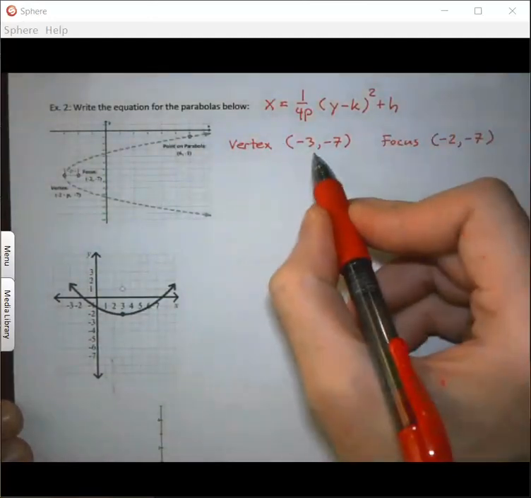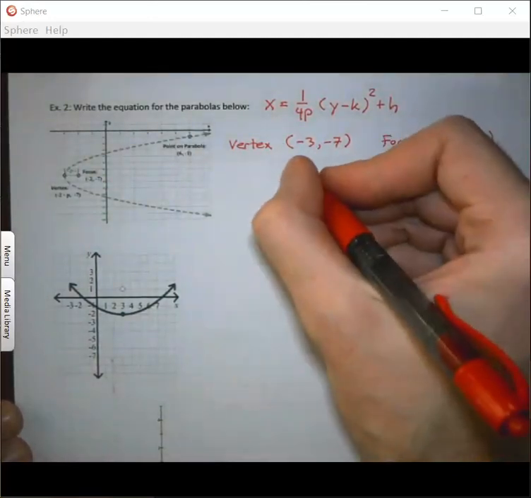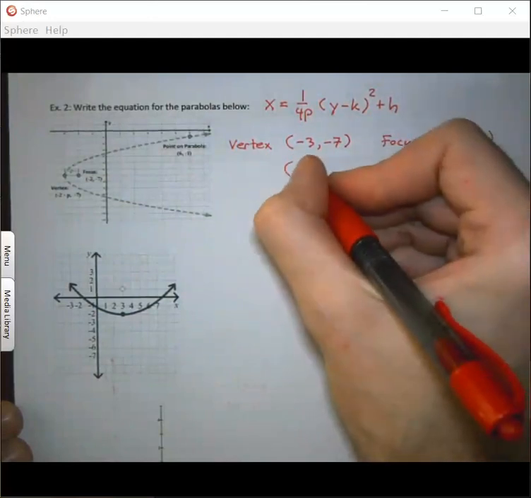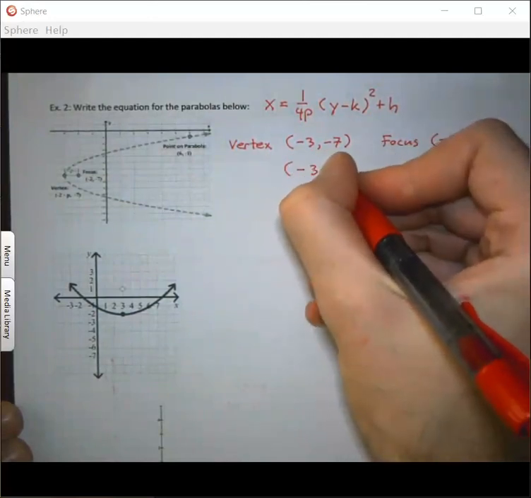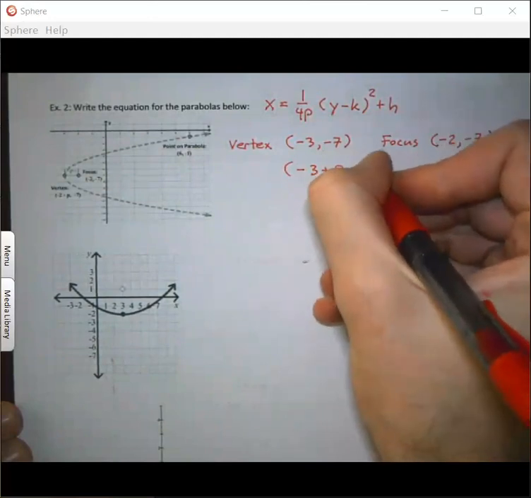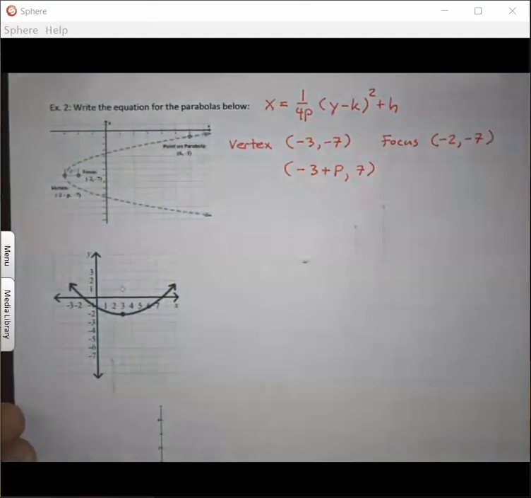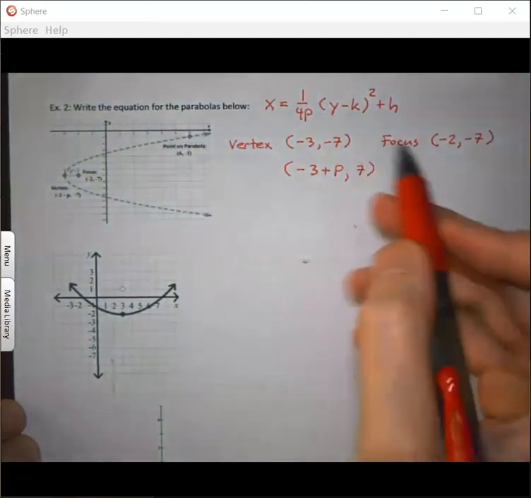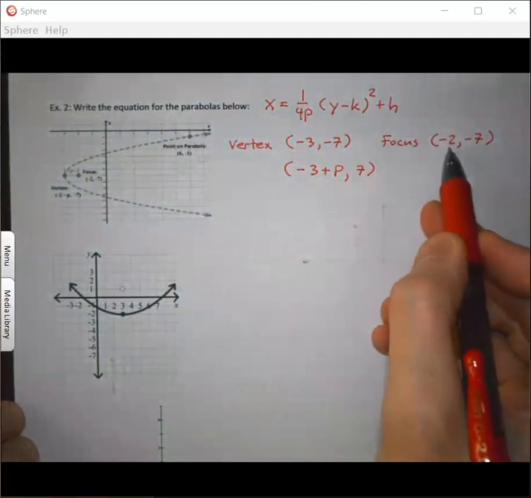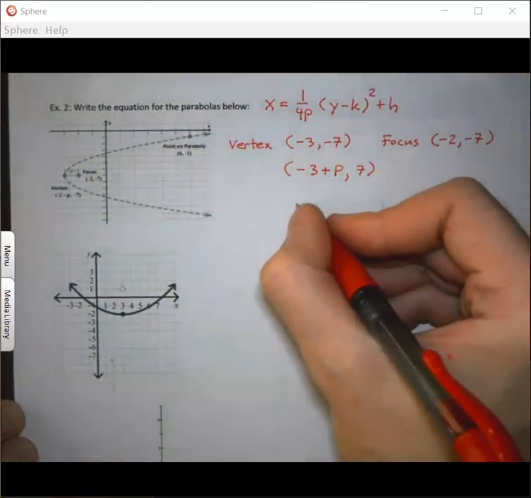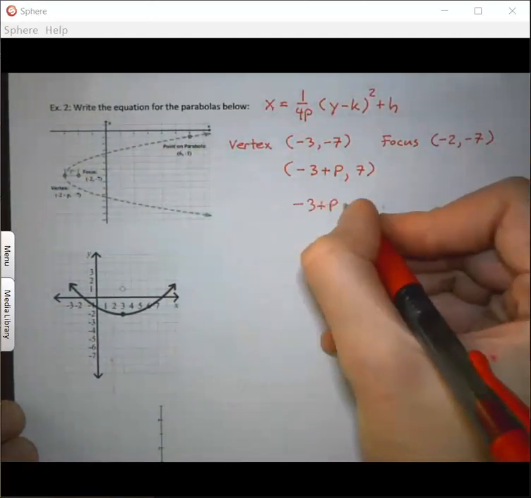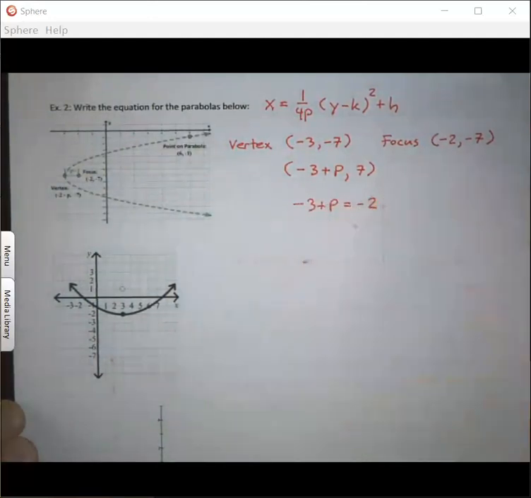Then to get from our vertex to our focus, we need to do minus 3 plus p. But we know what our focus is. So we know that minus 3 plus p must equal negative 2.